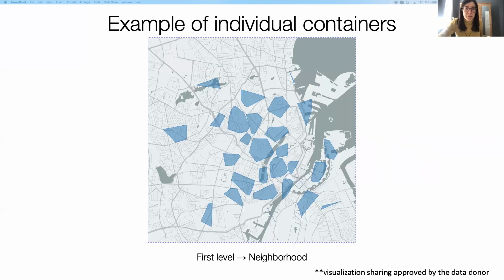So here, this is an example for a user that approved to share the visualization for presentations. And this person lives in Copenhagen. And here we can see these blue containers correspond to the neighborhoods that this person would travel within. And these containers are called containers precisely because they contain this person's movement.